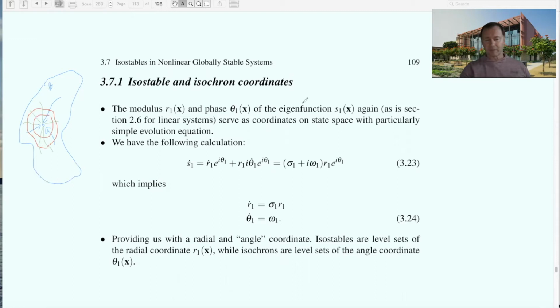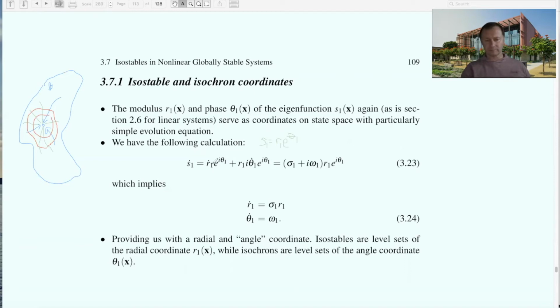And indeed, we wrote the eigenfunction S1, the slowest eigenfunction, in terms of its modulus and the phase, so R1 and theta 1. And if we do the following calculation, remember, S1 is R1 e to the I theta 1. So S1 dot is R1 dot e to the I theta 1 plus R1 I theta 1 dot e to the I theta 1.